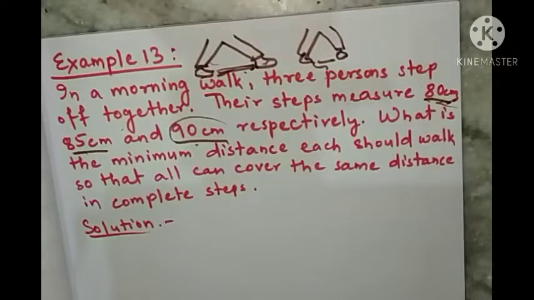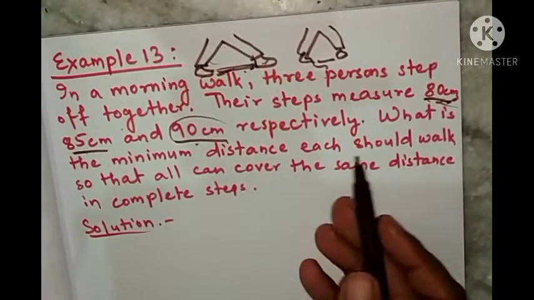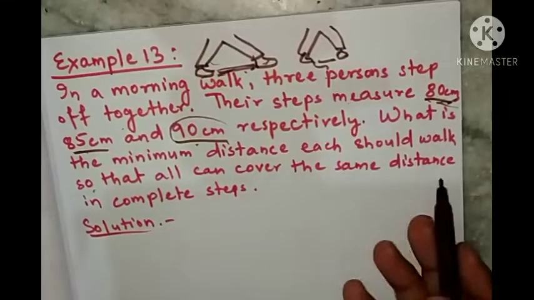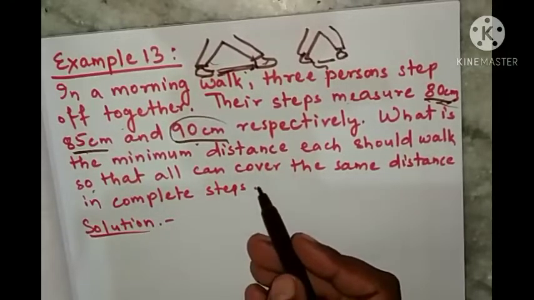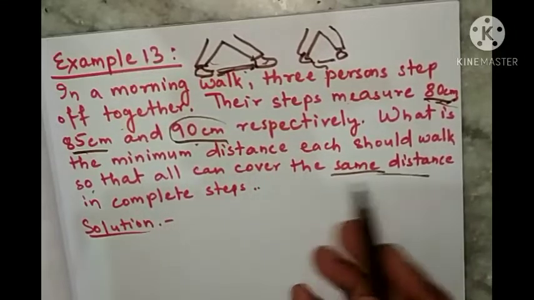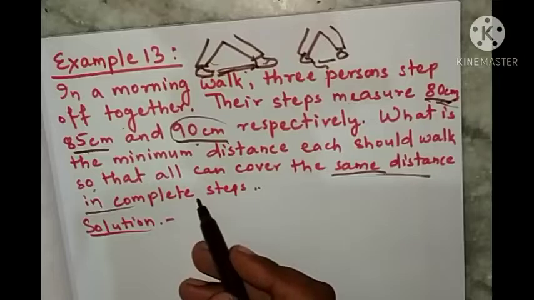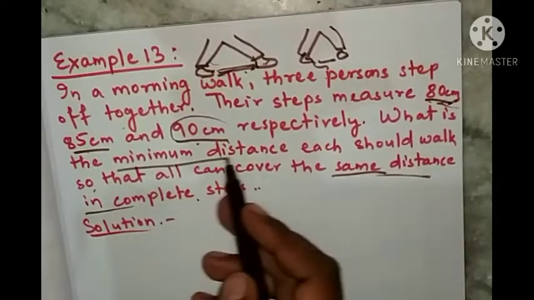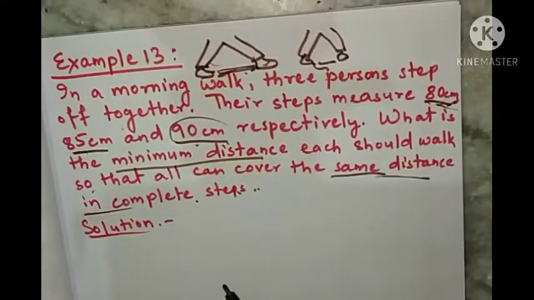So what is the minimum distance each should walk so that all can cover the same distance in complete steps? Okay, that is telling the same distance. How will they complete the same distance in complete steps, what will they need, the minimum distance. Okay, so we have to find the minimum.